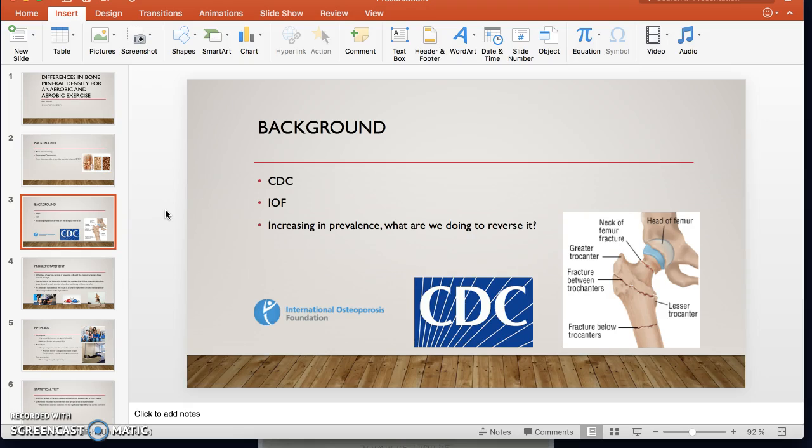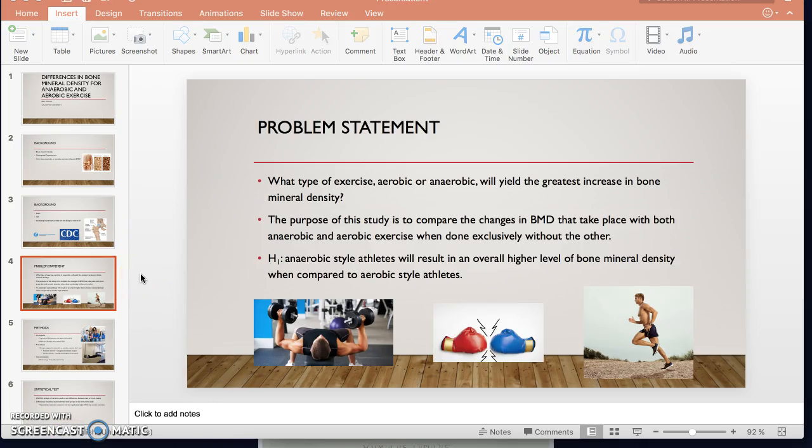So we obviously have a pretty big health concern here, which of course is the reason why I chose to do this as my project. It is really important that we find a way to try to reverse osteoporosis and osteopenia and overall just improve bone mineral density for the elderly, of course, as a main concern, but for everybody really. And what steps can we take to reduce these numbers from happening? All right, this brings us to our problem statement.